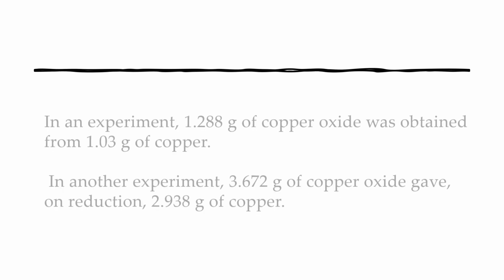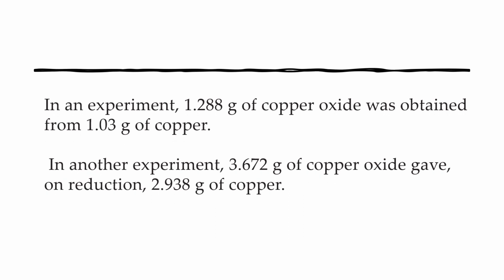Now let's see some figures which verify the law of constant proportion. We performed some experiments and got to know that in one experiment we obtained 1.288 grams of copper oxide from 1.03 grams of copper.